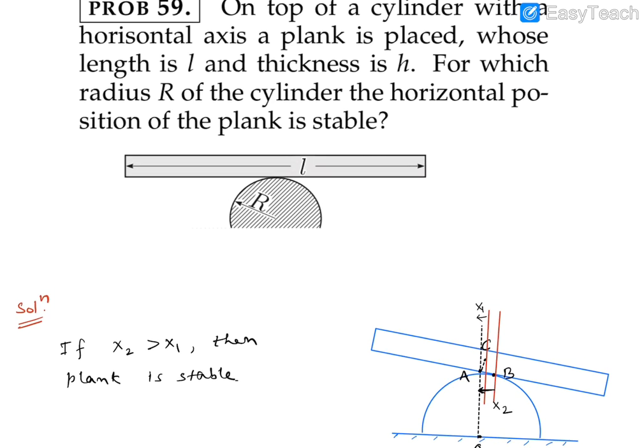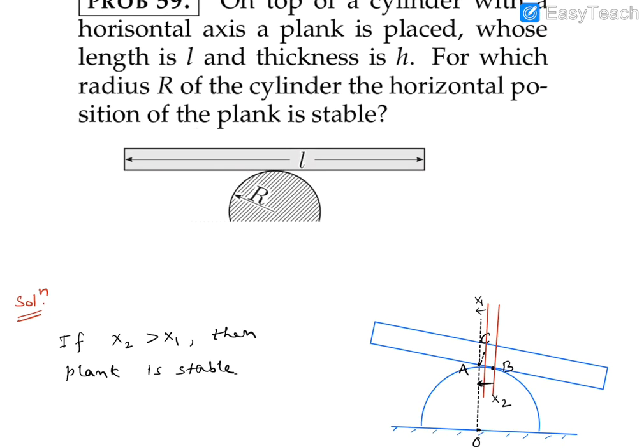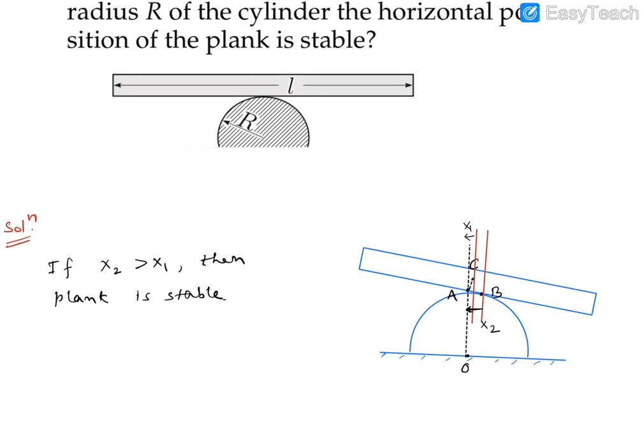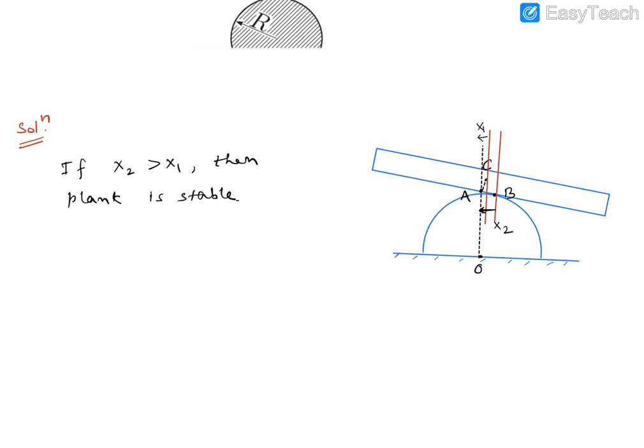So the stability of the plank can be checked by measuring x1 and x2. Now how to measure x1 and x2? For that, we can draw another picture. There is a line passing through O, a point B somewhere here, a point A, and a point C somewhere there.